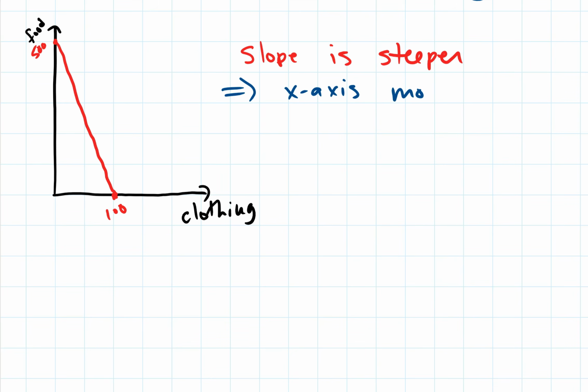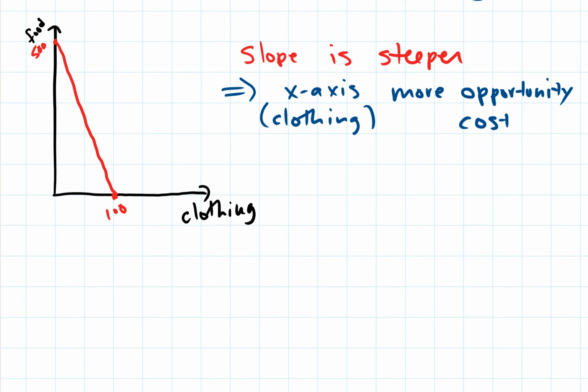It doesn't mean it's more than the other one, but the steeper it is, the more the opportunity cost is. So the slope, we can just visually see it. When you see a really steep line, compared to a flatter line, you know the steep line is more opportunity cost for the thing that's on the x-axis.